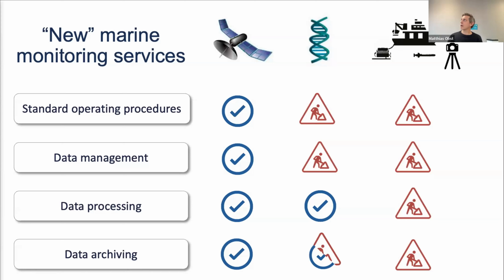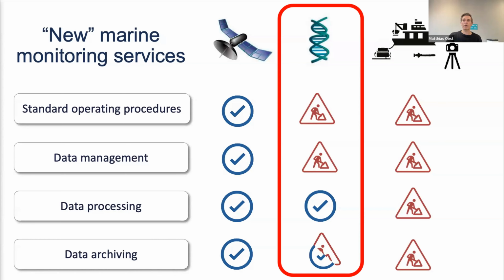That works very well for the satellite part, but that's because the data are already born digitally, and the satellite covers so much geographical area that it's integrated from the beginning. You don't have to integrate it after you generate the data. So we are working on these pieces: the data management, the data processing, and the archiving.